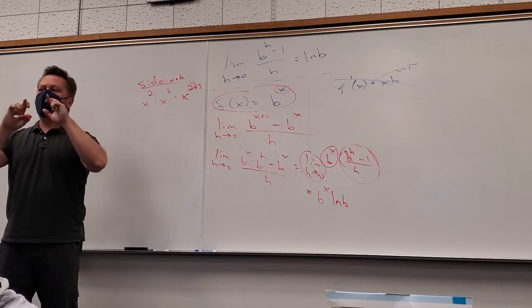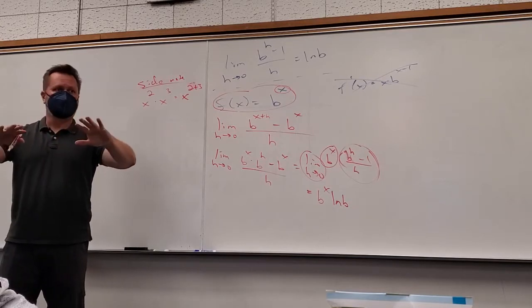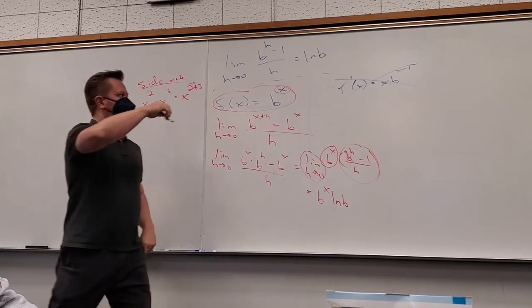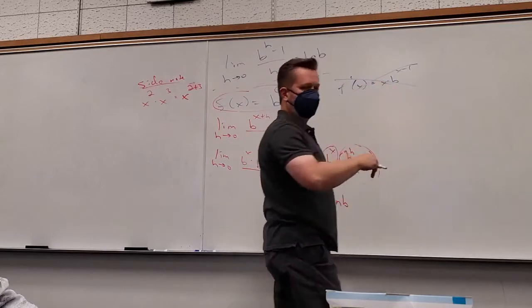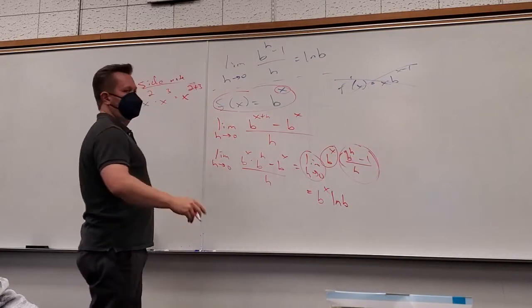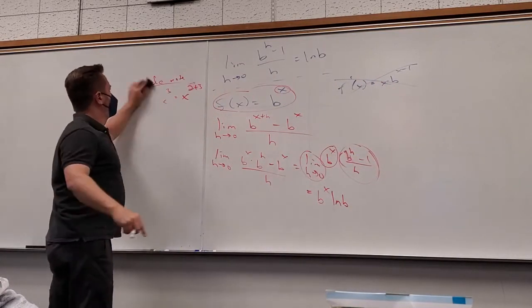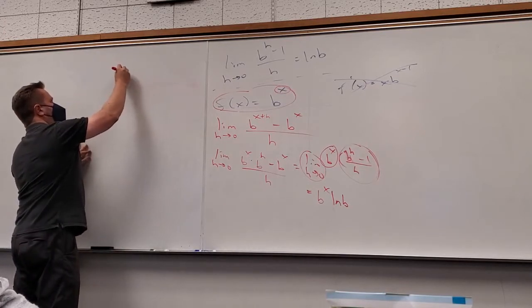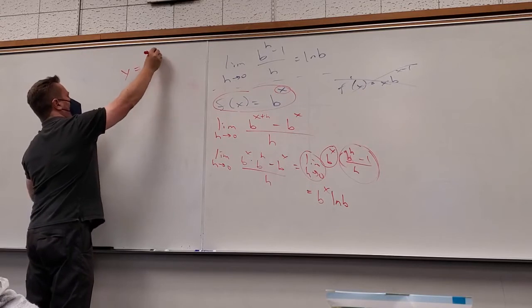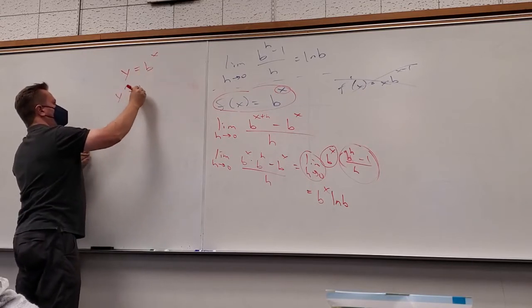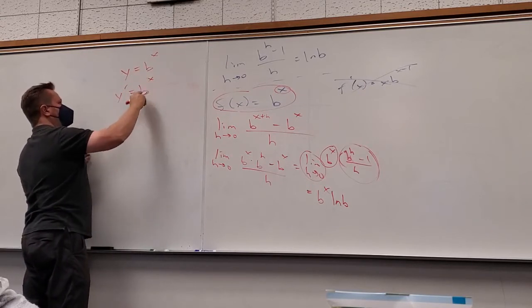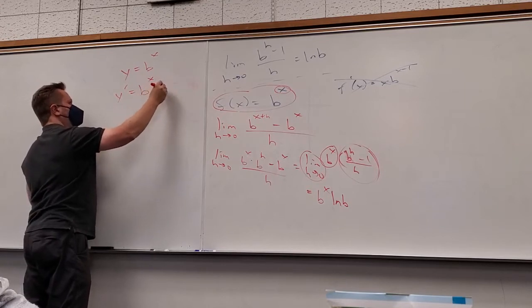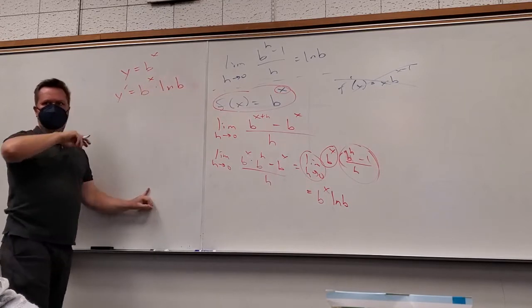So we have a new rule. If I'm given y equals b to the x, then y prime, look how weird this is, is itself times the natural log of the base.